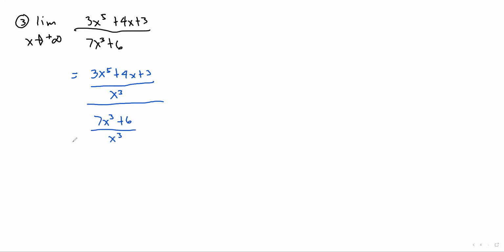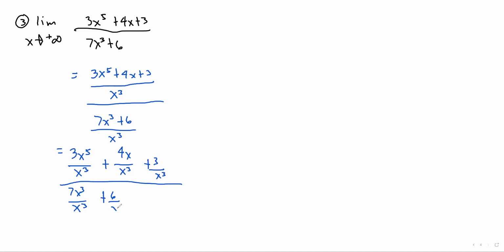Okay? So, magiging 3x raised to 5 over x cube plus 4x over x cube plus 3 over x cube, all over 7x cube over x cube plus 6 over x cube. Minus lang ng exponent, so magiging x squared ito.